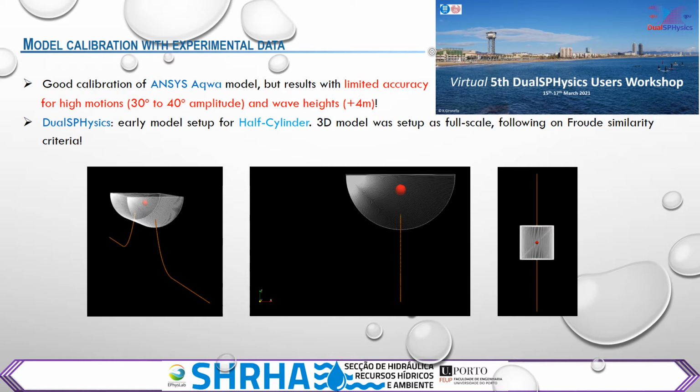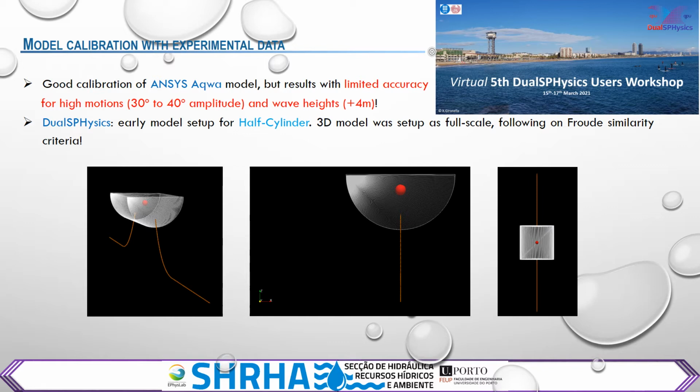However, I am bounded by the limitations of potential flow theory. For example, for the case of the half cylinder, I actually got rotations of up to 30 or 40 degrees. So in that case, potential flow theory, BEM codes, they fly out the window in terms of accuracy. Hence the necessity of DualSPHysics.